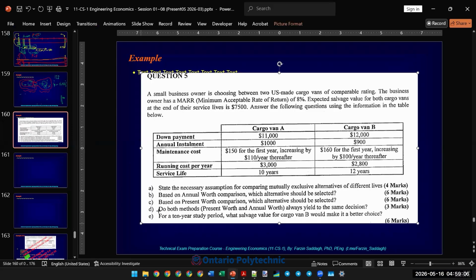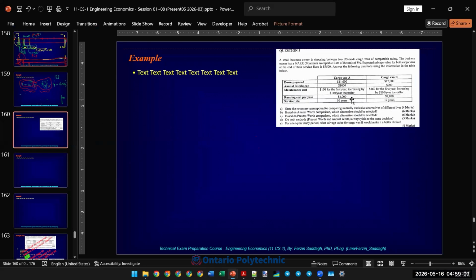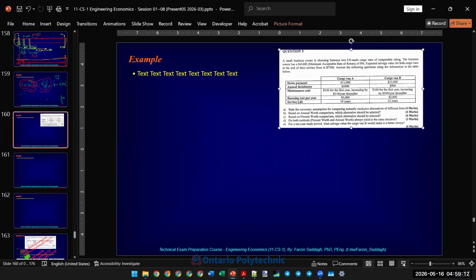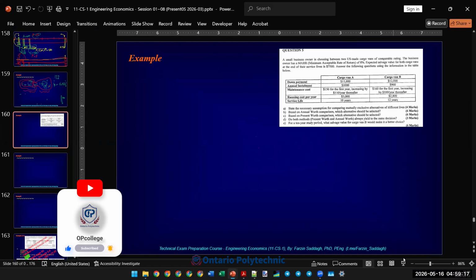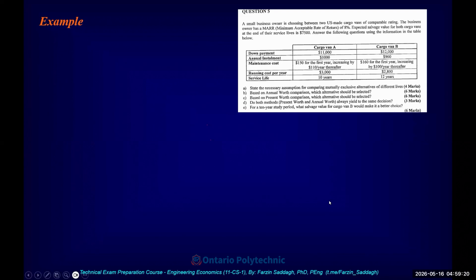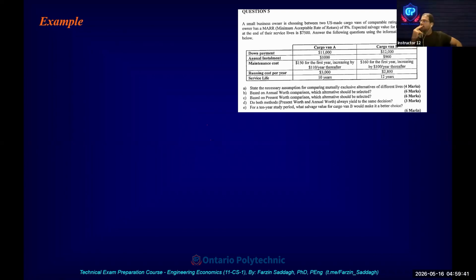Actually, now my question is that when we want to calculate the salvage value, we use 12,000, which is the down payment, for the initial value or cost of the project. Then we use this to calculate the salvage value at year 10. Can I explain clearly or not? Yes, I got it. Why is the calculation of salvage value related to the down payment?